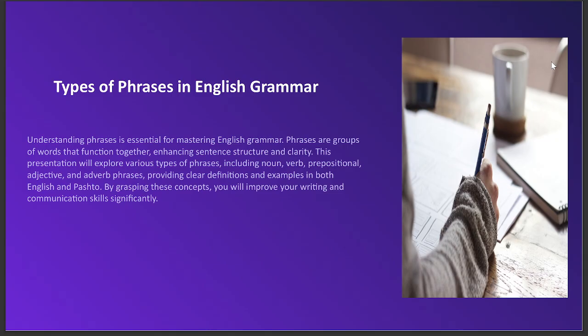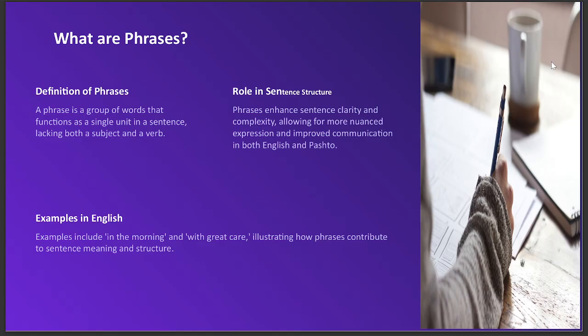As discussed in the previous presentations, there are clauses in English grammar, and the same kinds of elements apply to phrases. We will grasp these concepts so that they can significantly improve your writing and communication skills. First, we will focus on the definition of the phrase.